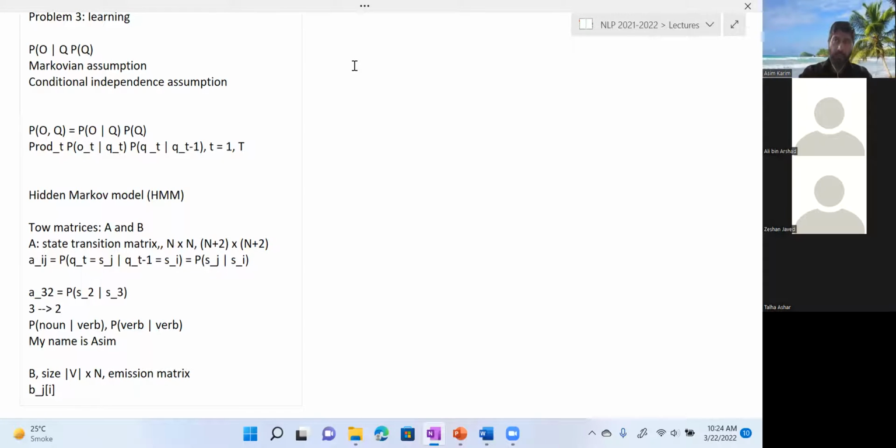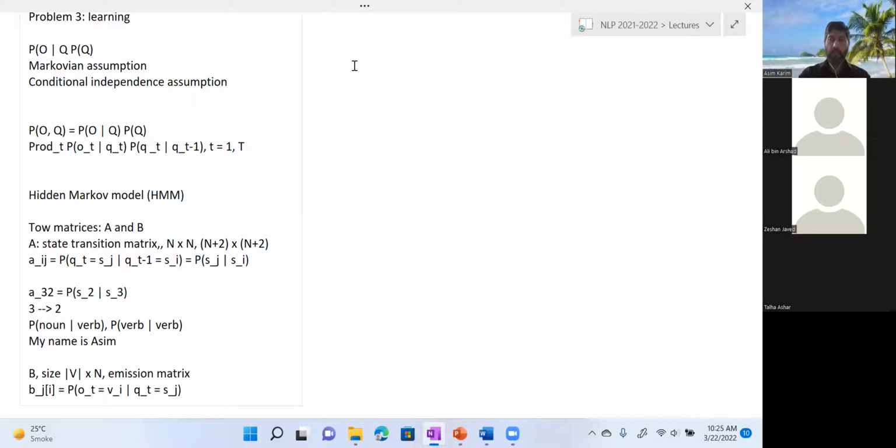This is the probability of O_t equal to v_i, remember the events we defined were small v's, the ith event v_i, given q_t equal to S_j.